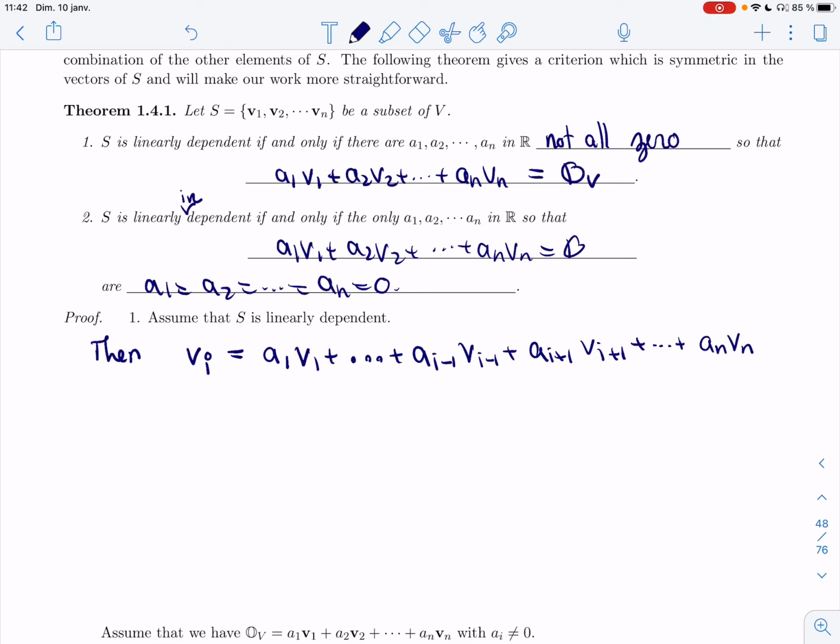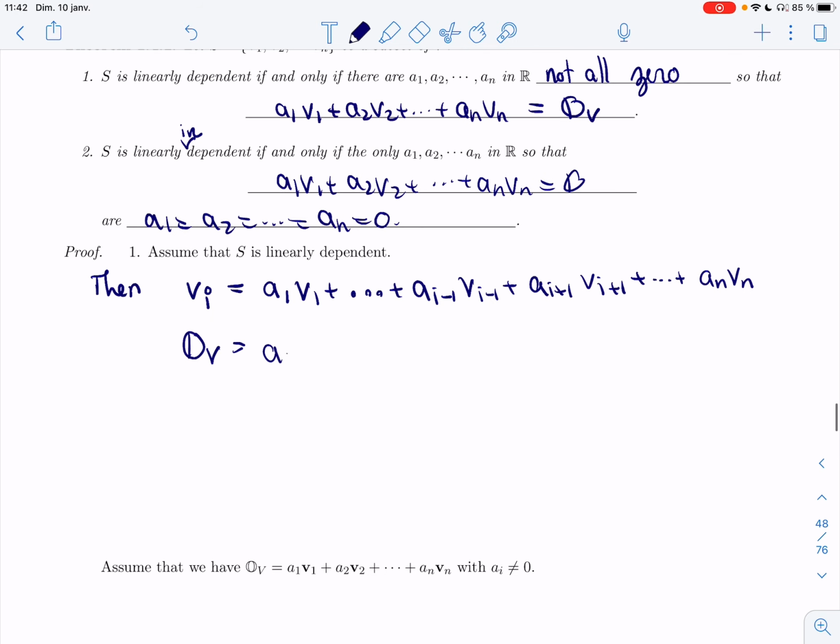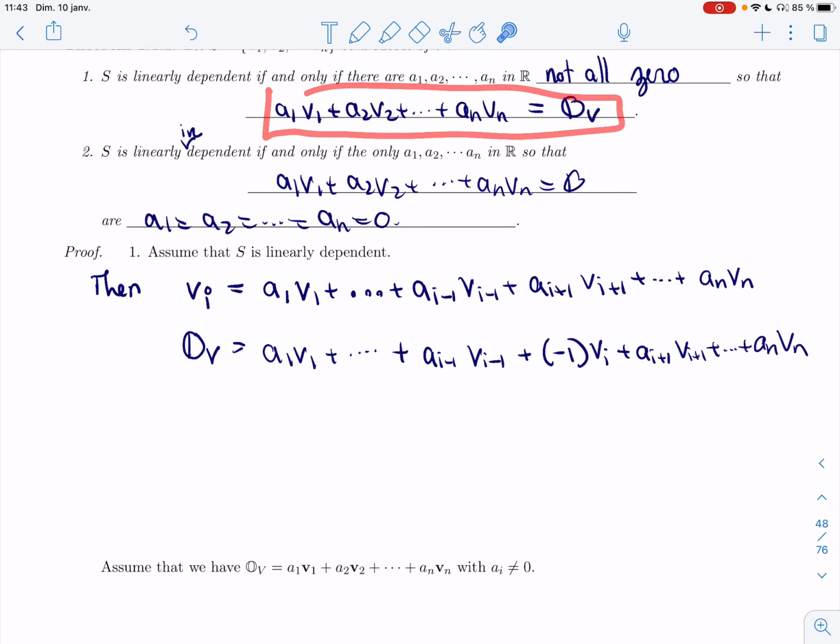All right, so there is some i for which this is true. So if I send vi to the other side, I'll get the 0 of V equals a1 v1, ai minus 1 vi minus 1. And then I'm going to insert minus 1 vi, and then I'll have the rest here. And so I do have a solution for something like this. And notice that this element here, the constant in front, is not 0.